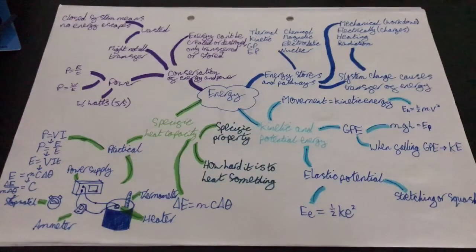But you might notice in some of your experiments that some of the energy isn't transferred where you want it. So you might be measuring the specific heat capacity of water, and you might find that the energy transferred isn't quite enough for the specific heat capacity to be 4,200 joules per kilogram per degree centigrade. You might not find that.